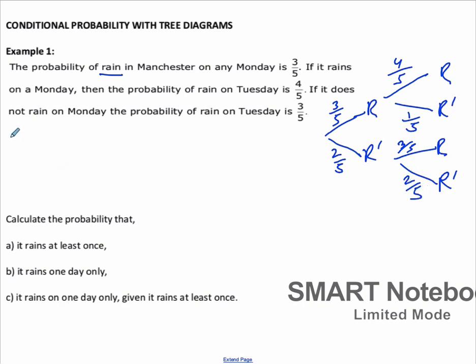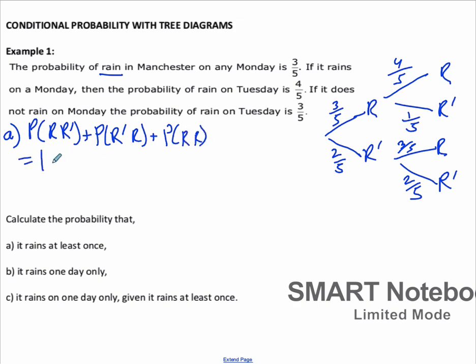So for part A, the probability it rains at least once. It rains on Monday and doesn't rain on Tuesday, or it doesn't rain on Monday but rains on Tuesday, or it rains both days.